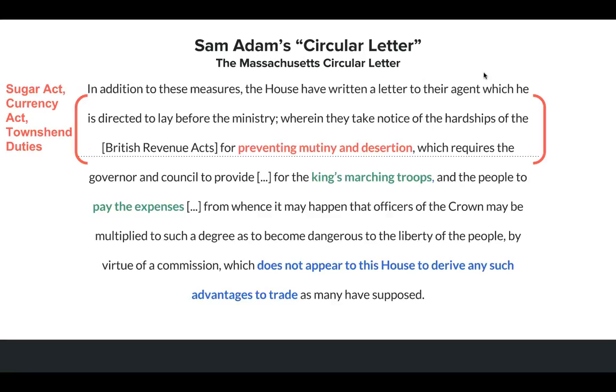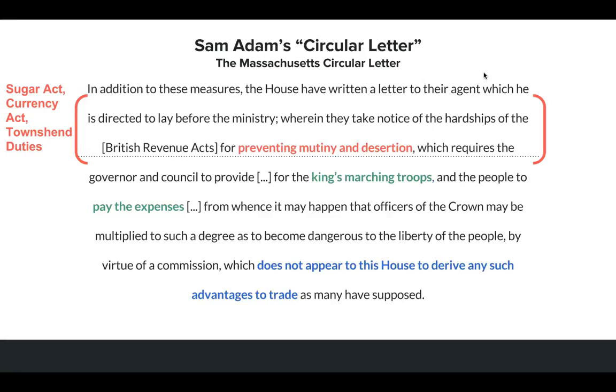The Currency Act pretty much told the Americans that they weren't allowed to use colonial scrip. The Sugar Act tried to prevent the Americans from trading with the French West Indies. And so the British are trying to forever stop the Americans from being their own independent colony.